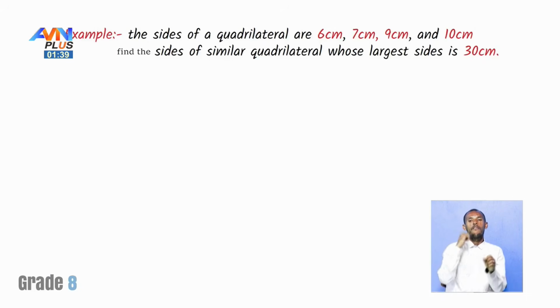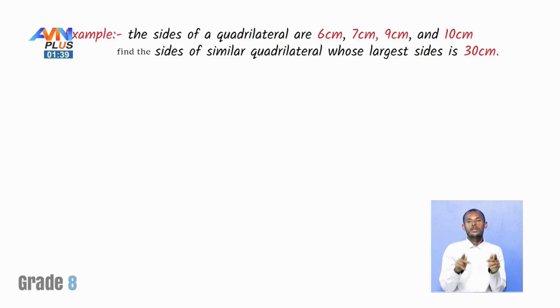Find the sides of the similar quadrilateral whose largest side is 30 centimeter. Okay.